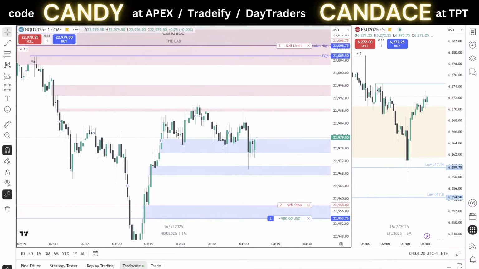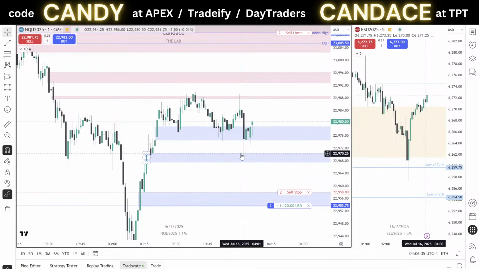This is what we expected and what I can accept. If price turns on me, I'm going to lose all this open profit, and I'm okay with that. That's why I set my stop loss here. It's not because I'm sure it's going to go up that I put my stop loss here. I cannot be sure of anything with the market.